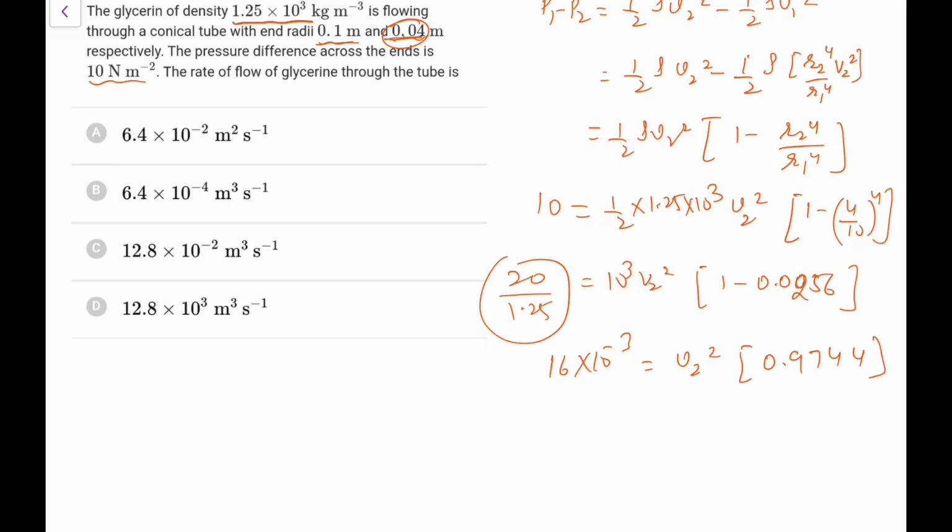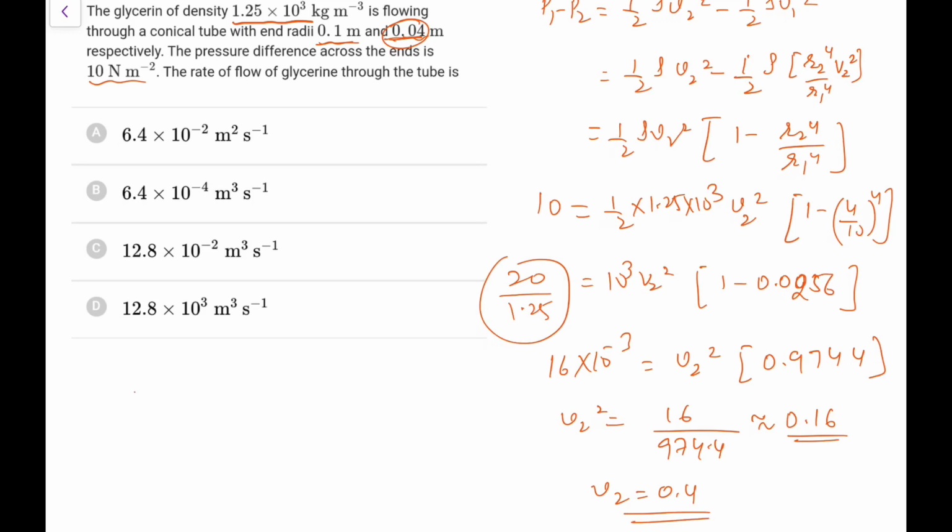Okay, so this is what we get. So V2 square we get is 16, 10 to the power 3 I can make it out here, 974.4. If you do this, this value approximately comes out as 0.16 I can make it out. This is V2 square, so V2 is 0.4 I can make it out.